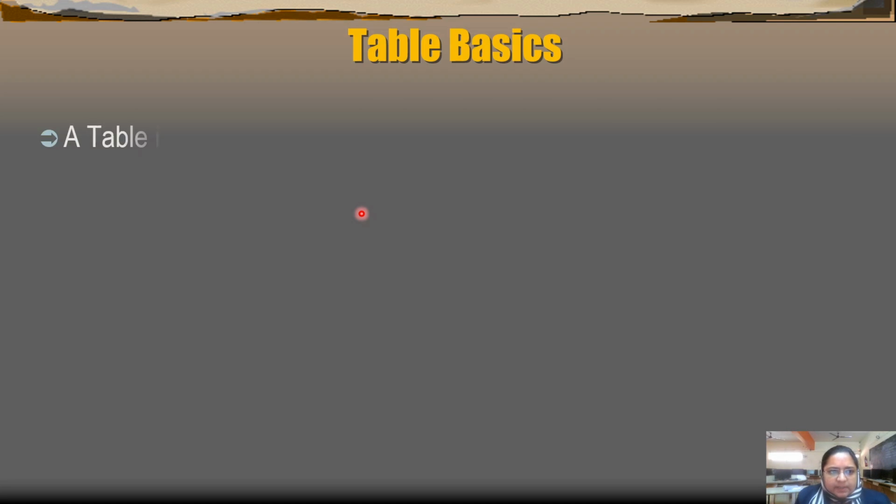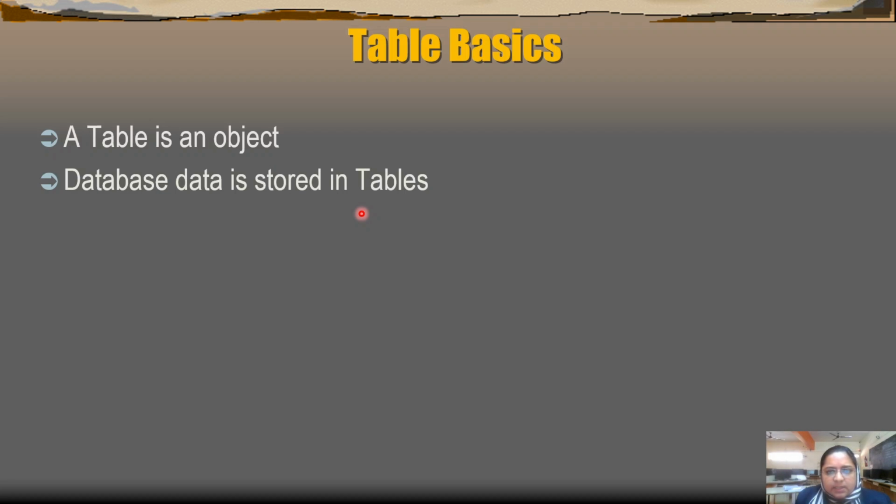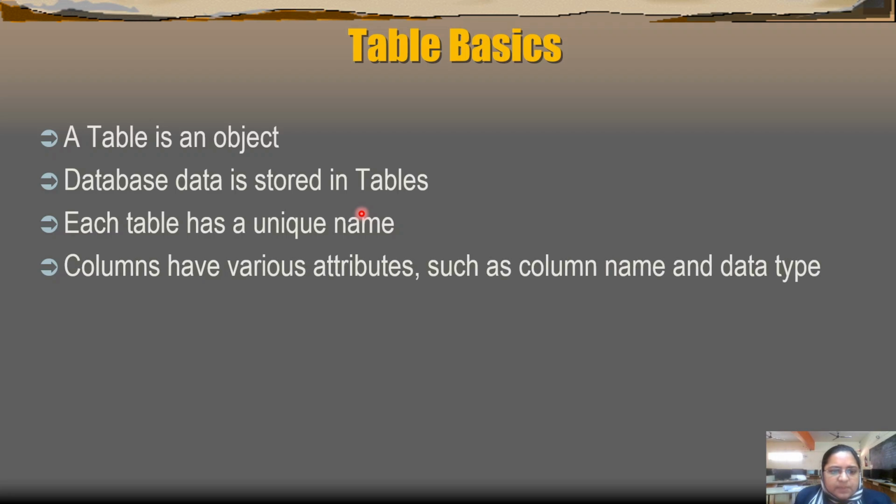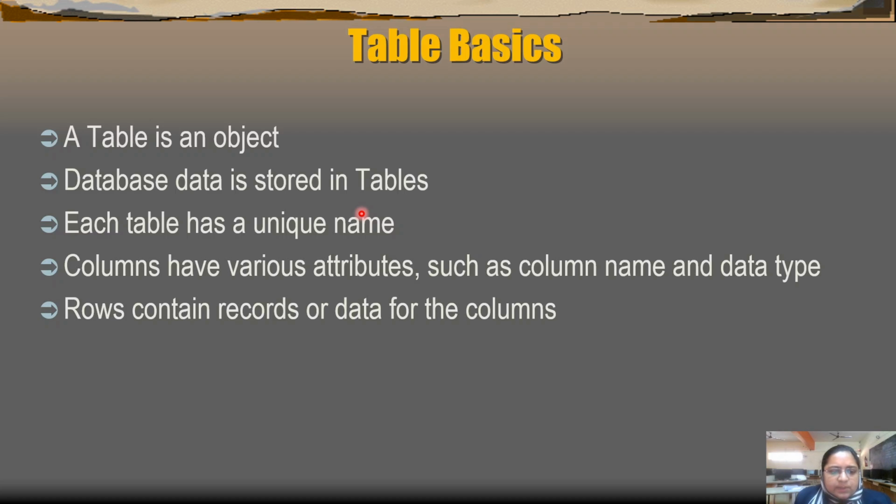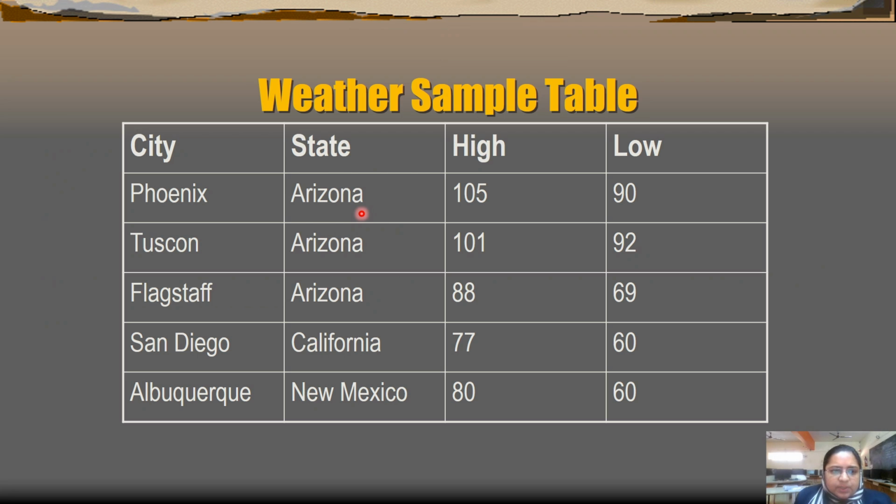Now some table basics. A table is an object. Database data is stored in tables. Each table has a unique name. Columns have various attributes such as column name and data type. Rows contain records or data for the columns. For example, you can see it over here.